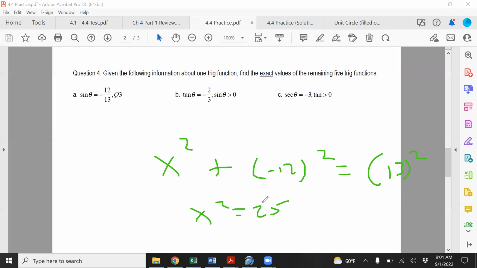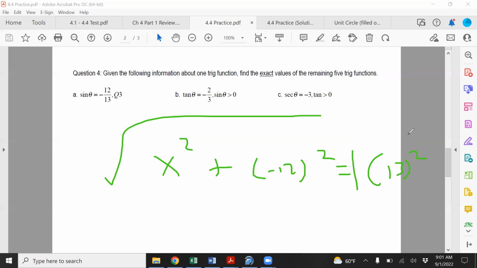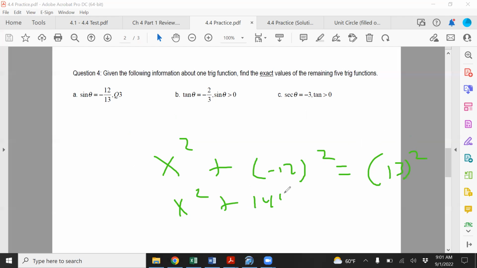Wait, why wouldn't you do -12 squared plus 13 squared? Okay, so I wouldn't root just yet because you want to isolate x. I think what you're telling me is that you probably did something like this. Did you do that? No. Okay, good. But I didn't do that. So then you should have had this if you use a calculator. 144 plus 169. There we go. So this is a careless error. Yeah. Got it. Okay. All right.